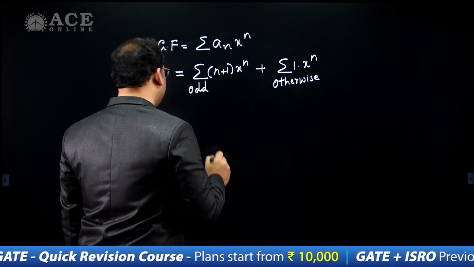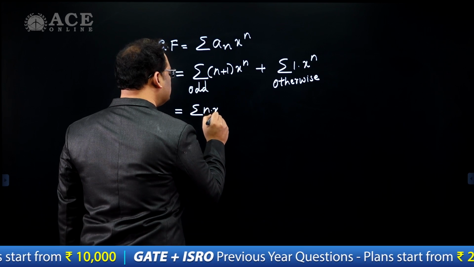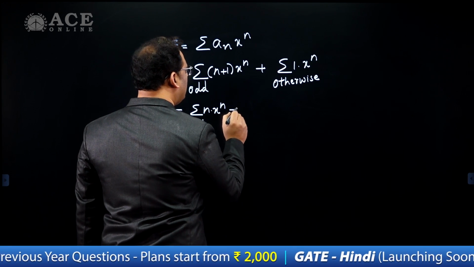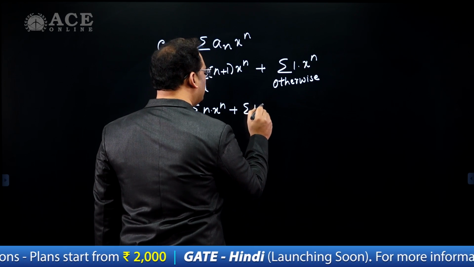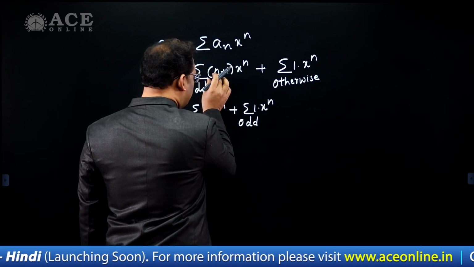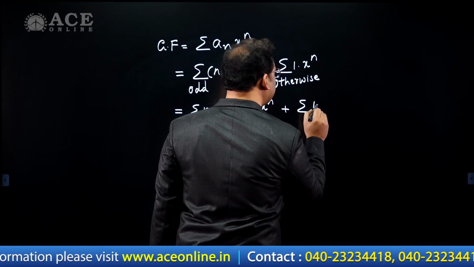Now let us expand this. Here we have the summation of (n plus 1) into x power n in the odd case and 1 into x power n in the otherwise case.